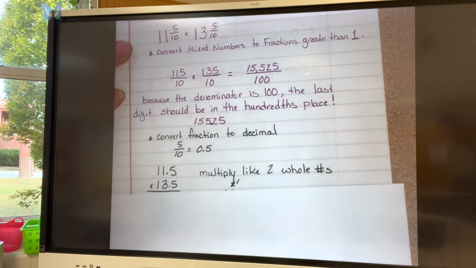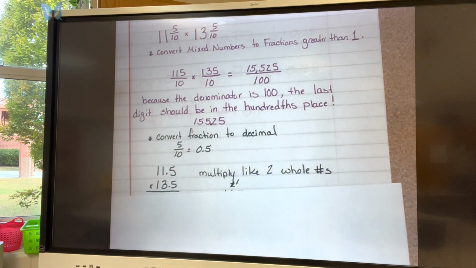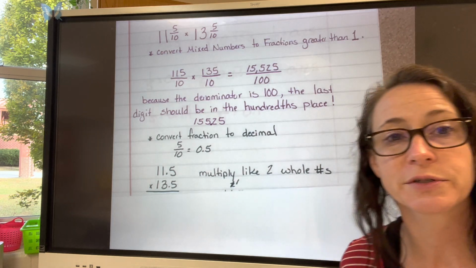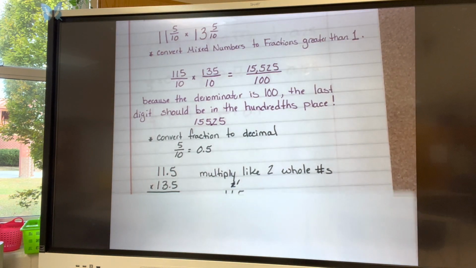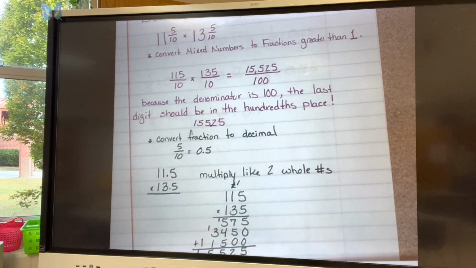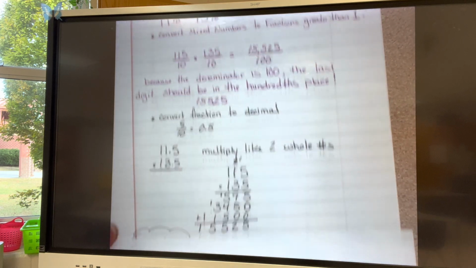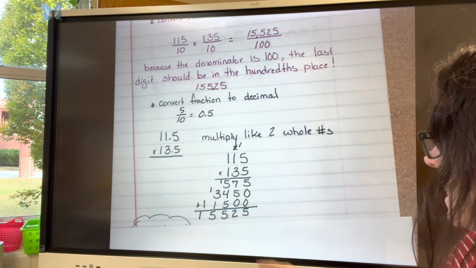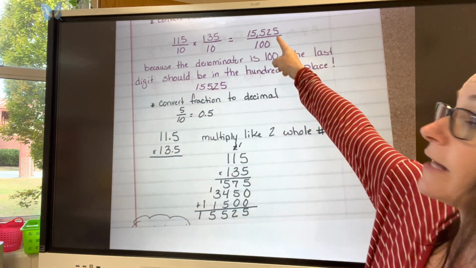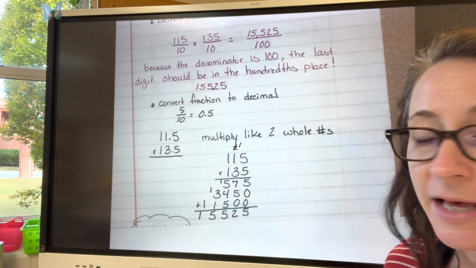So what I have is 11.5 times 13.5. And you go ahead and multiply them like they're two whole numbers. Here I've done all that work, all that multiplication, and I came to the same answer as that numerator up there.